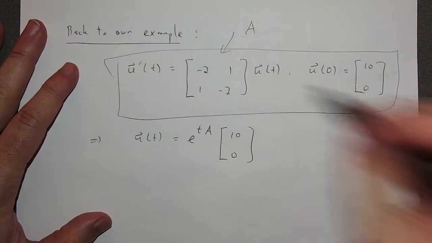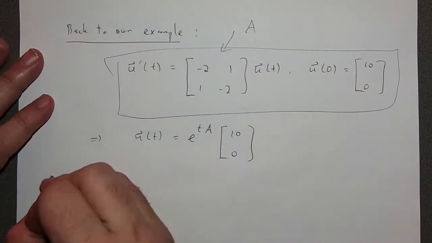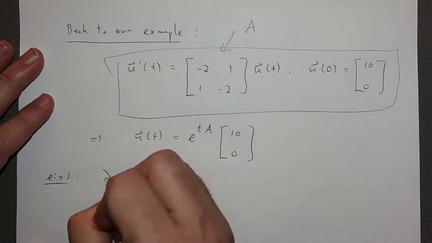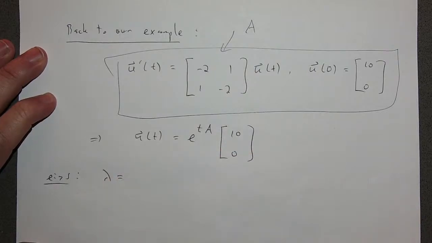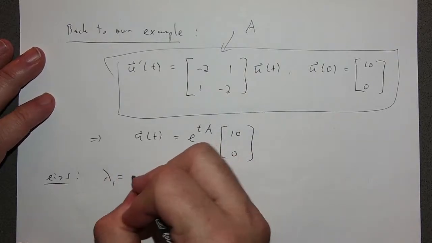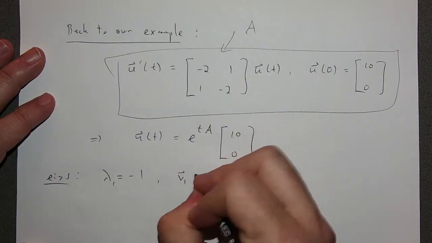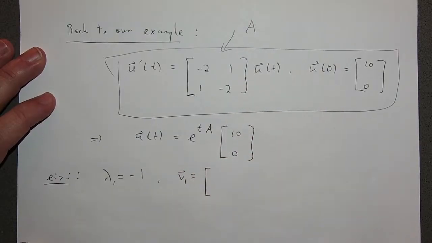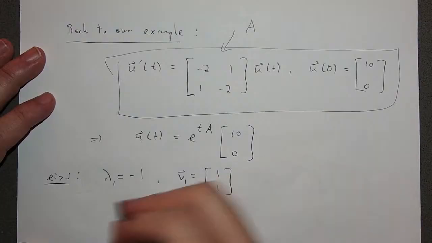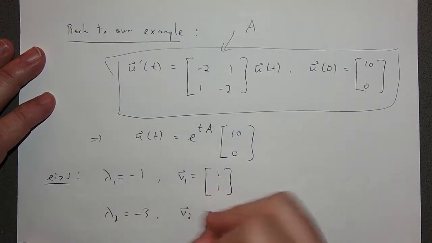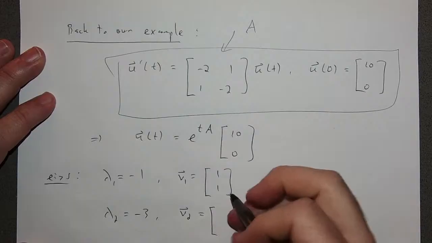Well, what are the eigenvalues of A? It has two eigenvalues, minus 1 and minus 3. So lambda 1, we'll say minus 1, has corresponding eigenvector v1, which is 1, 1. And eigenvalue lambda 2, which is minus 3, has corresponding eigenvector 1, minus 1.